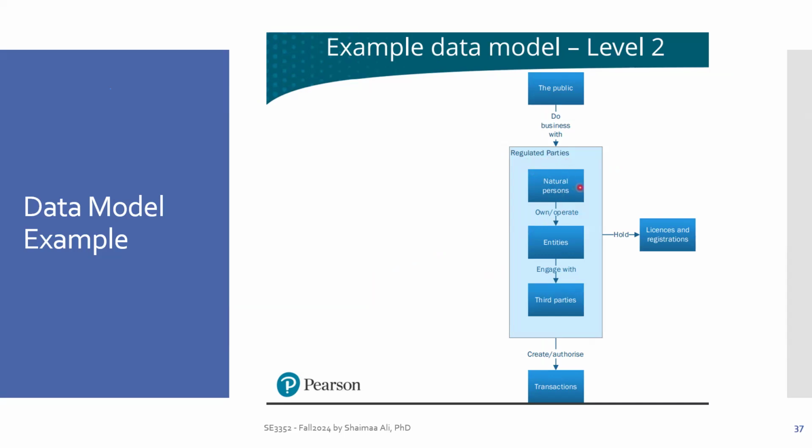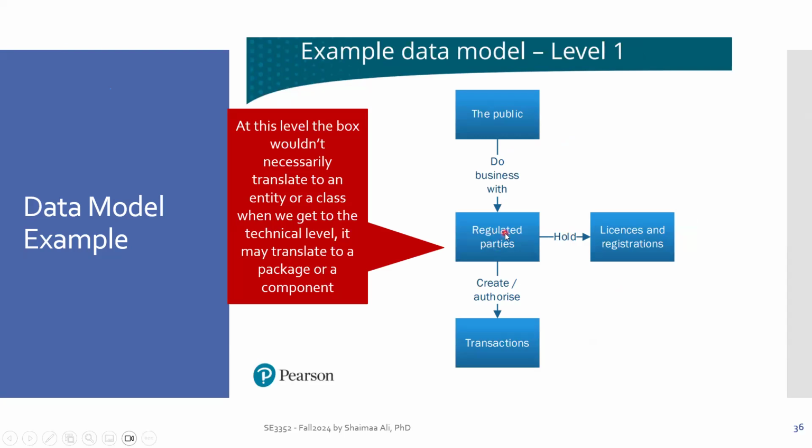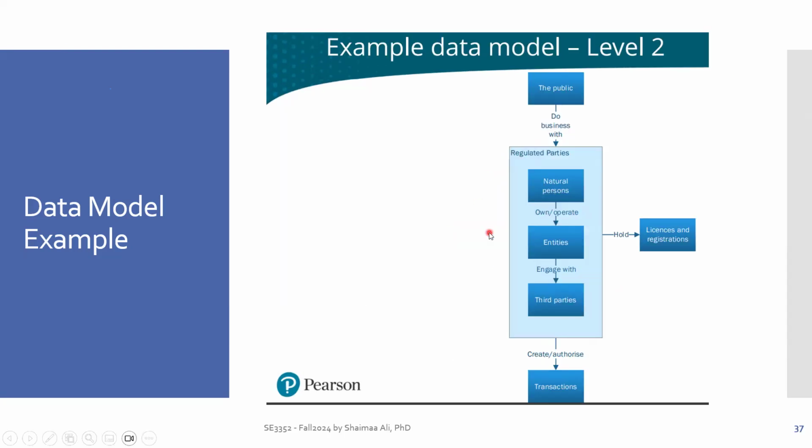We have natural person, entities, third parties, okay? So we took one of the entities here and broke it down into a more detailed set of entities. Now all these entities can still have the whole relationship with licenses and regulations. And when we start breaking down the others, we have to figure out how the relationship is maintained.